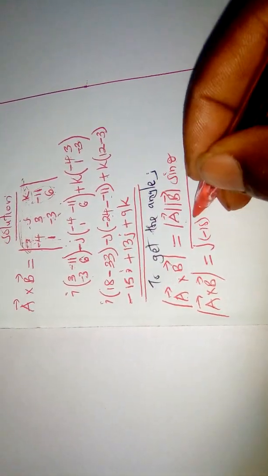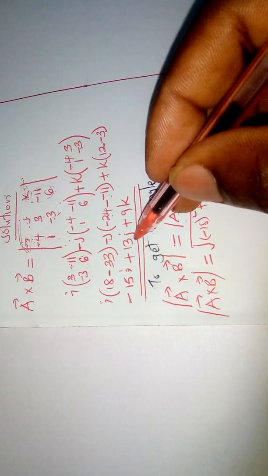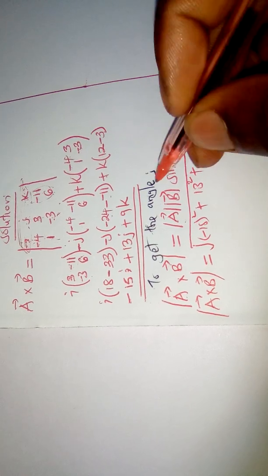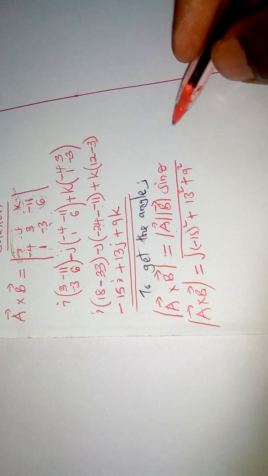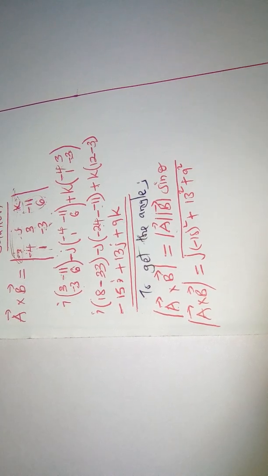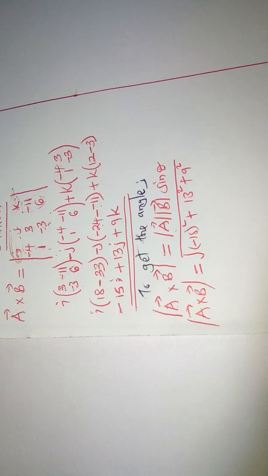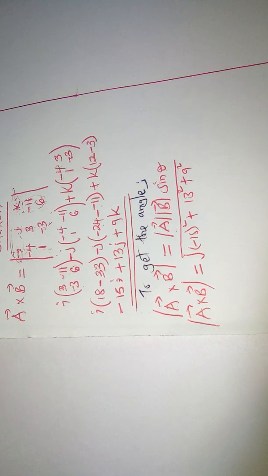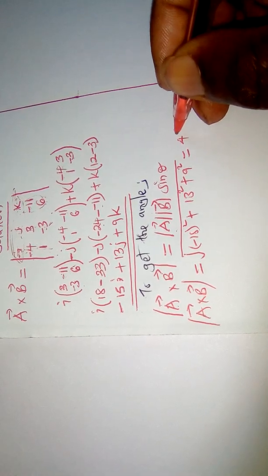That is it. And therefore I'll come here and write the square of i, it is negative 15, so negative 15 squared, plus j is 13, so 13 squared, plus k is 9, so 9 squared. So when I do such, I'll end up getting 225 plus 169 plus 81, to finalize by having 475.